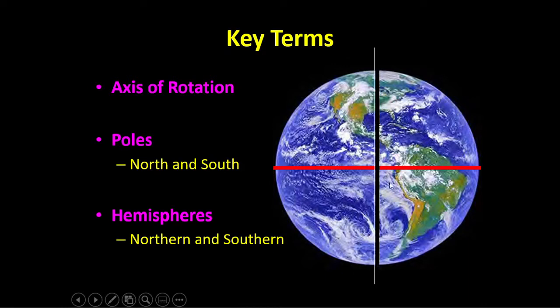Even further, if I draw a perpendicular from that axis of rotation, we find the equator, which is represented here as this red line. It shows the furthest extent of the curvature over here and over here, where the Earth bulges the most. So now we can identify locations by whether they're north of that red line, and then give a distance from that red line.